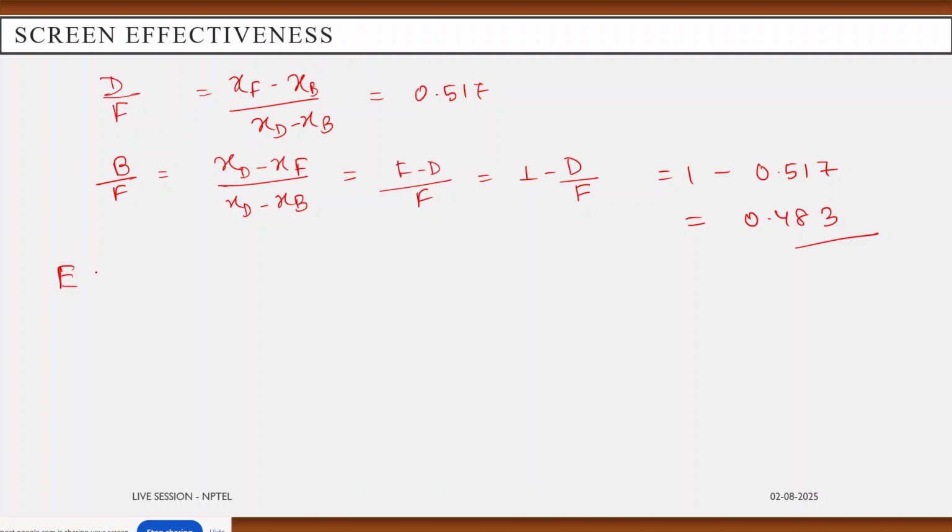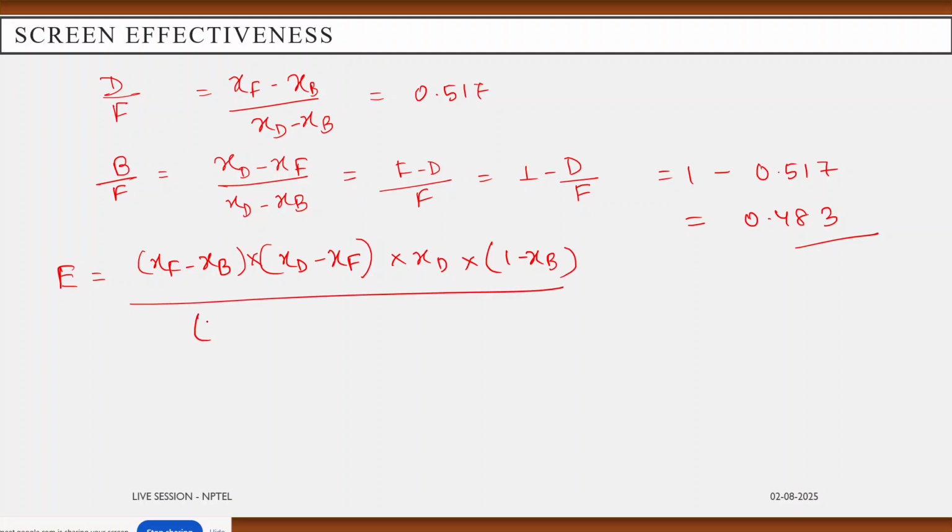Then you have the big equation for the screen effectiveness factor. I can again mention that formula: XF minus XB, XD minus XF into XD into 1 minus XB divided by XD minus XB, the whole square into 1 minus XF into XF.